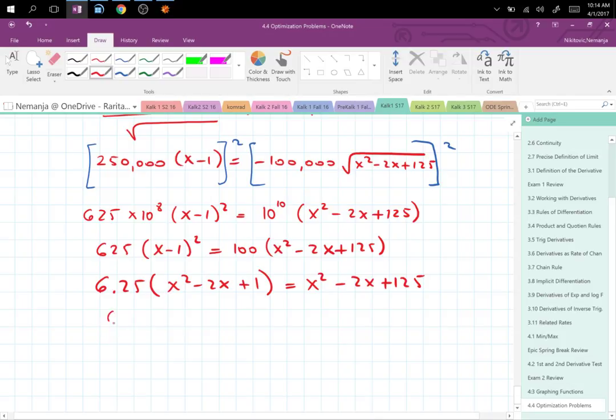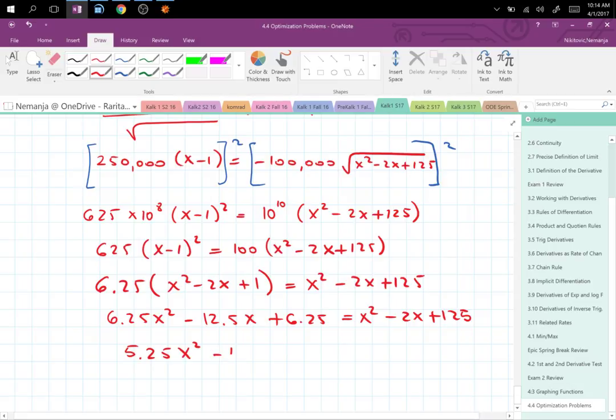So 6.25x squared minus 12.5x plus 6.25 is equal to x squared minus 2x plus 125. And we put this together and we get 5.25x squared minus 10.5x and then minus, is that true? 118.75 equal to 0, I think.